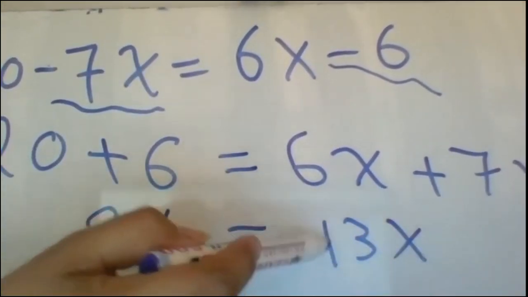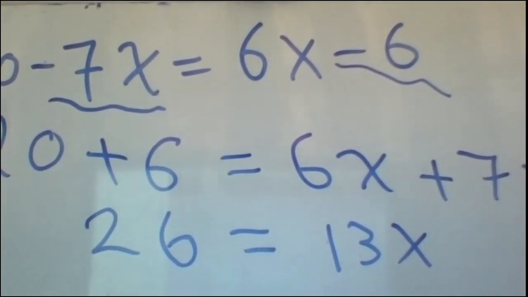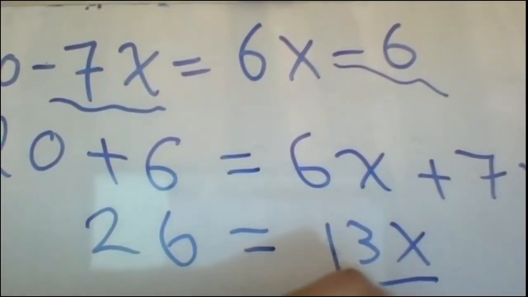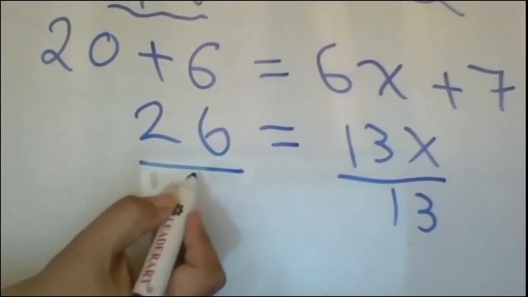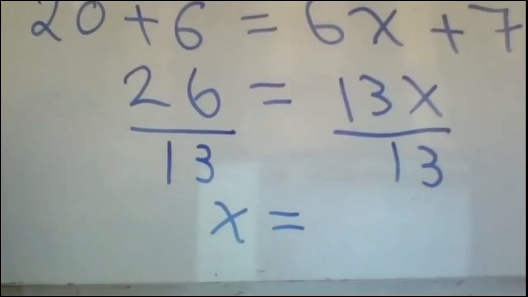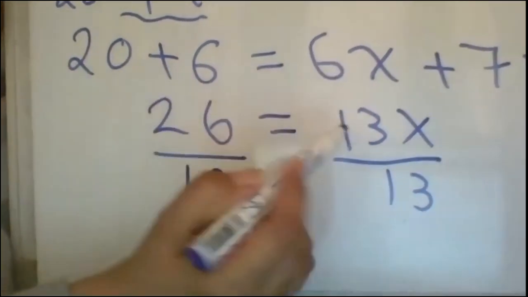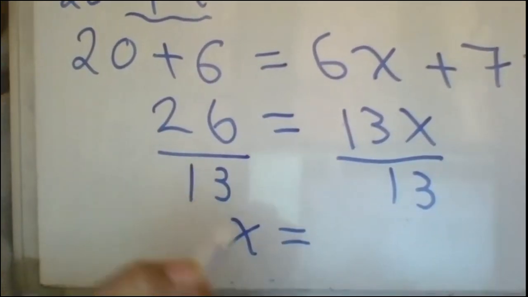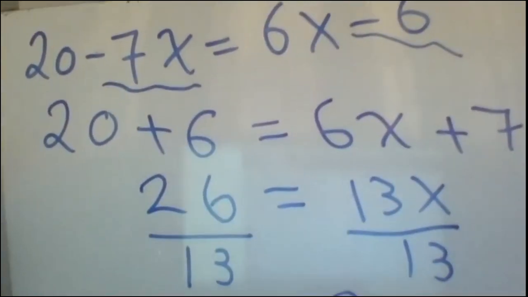So we have 13x. We are looking for the value of 1x, right? Then we will divide it by 13, and we will divide it by 13. By the end, x equal how many? 2. 26 divided by 13. Then x equal 2, right?